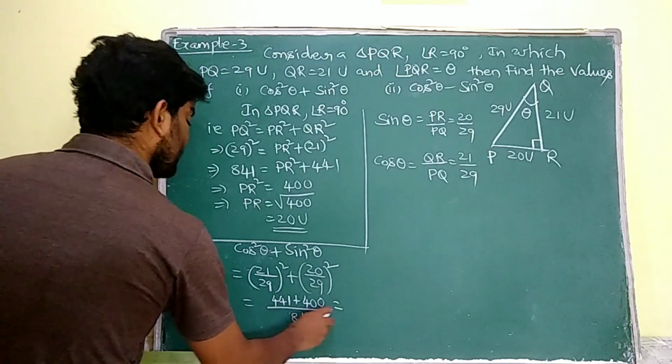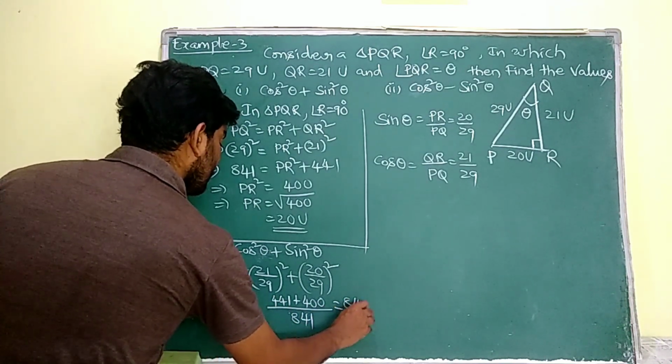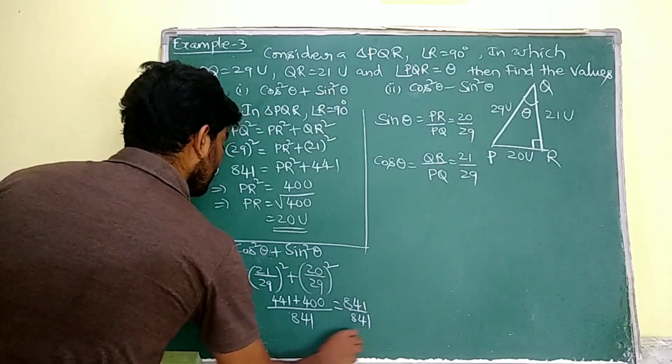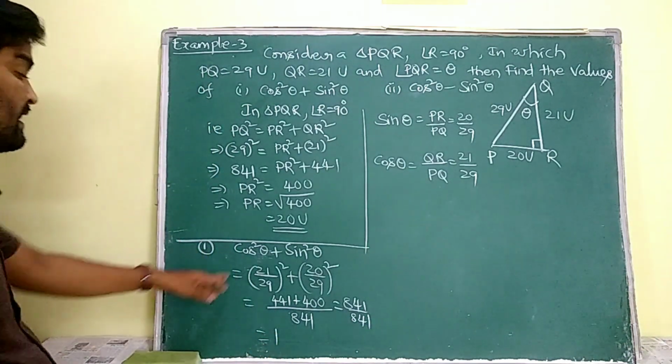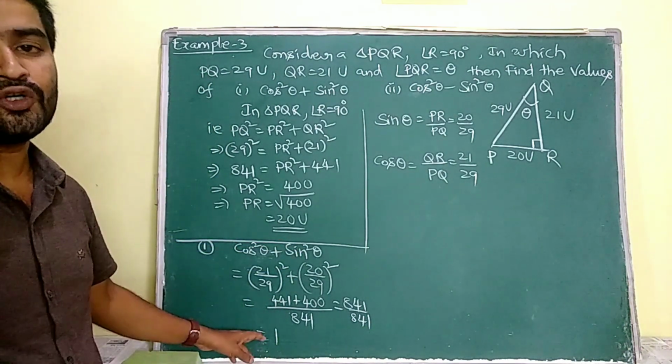That is 841 by 841. That gives 1. That means cos square theta plus sin square theta is equal to 1.